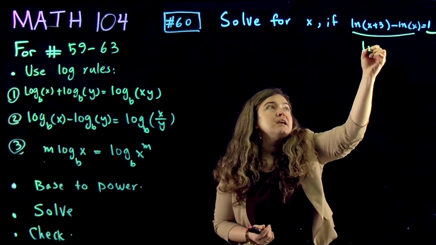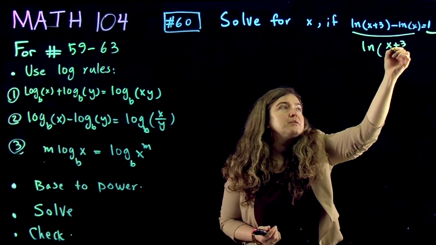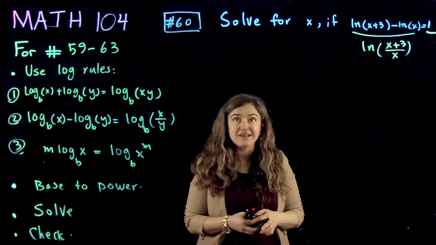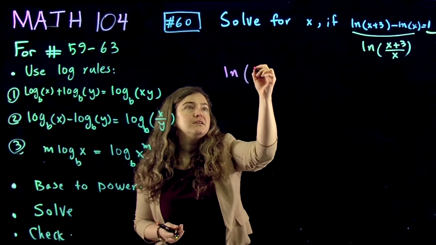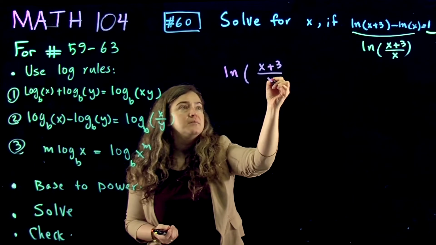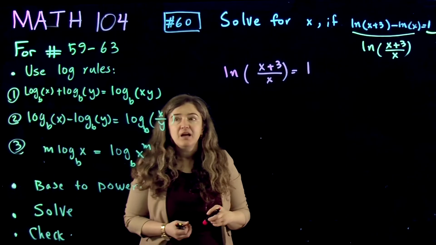And so I get ln of x plus 3 divided by x for the left-hand side. Rewriting it again, it would be natural log of x plus 3 divided by x is equal to 1.